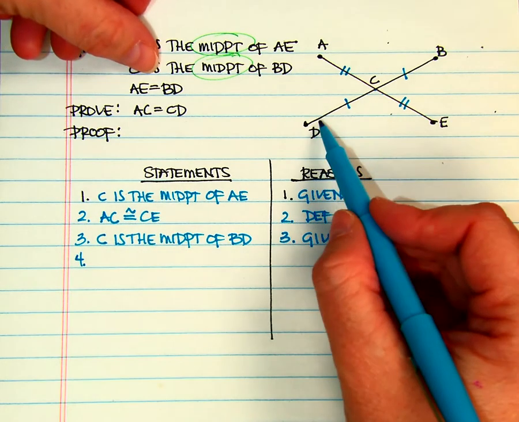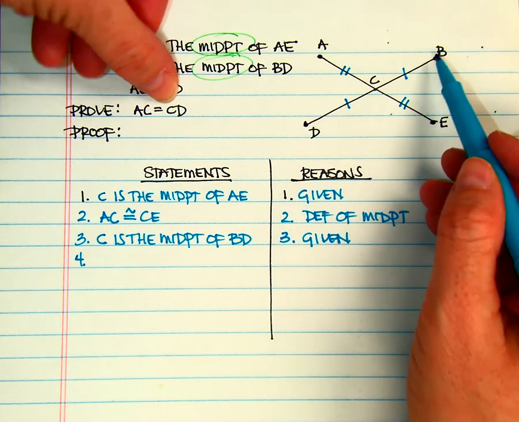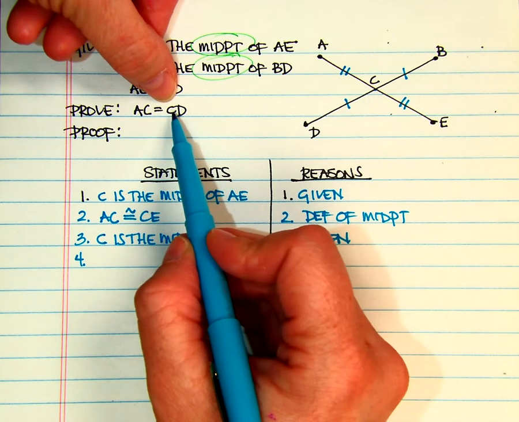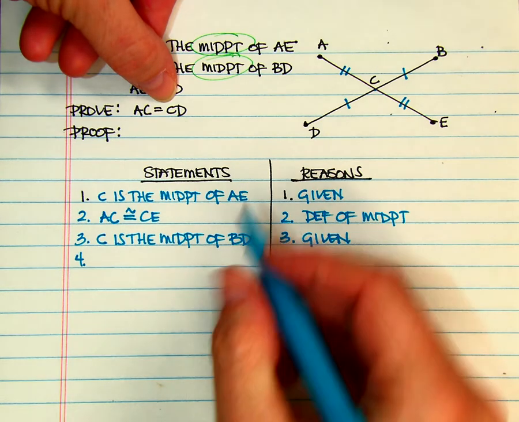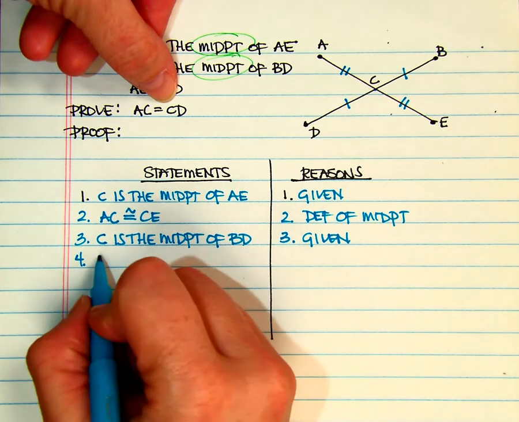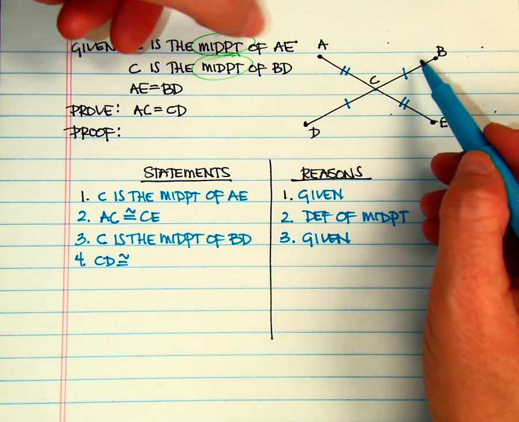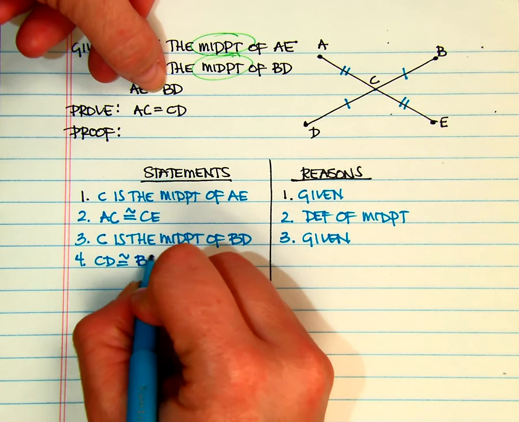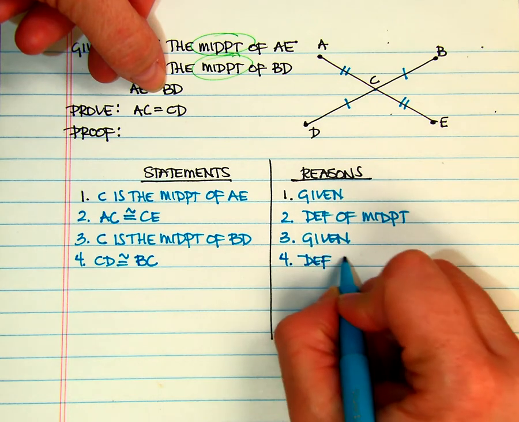So CD, now I would normally say DC just because of how it's going in my diagram, but I don't want to put DC if I'm asked to prove CD, because that's going to just confuse me in the diagram. So I want to make sure that I'm consistent. So CD is congruent to BC, make sure there's no other BC or CB anywhere, and there's not. So BC, and again, that is the definition of midpoint.